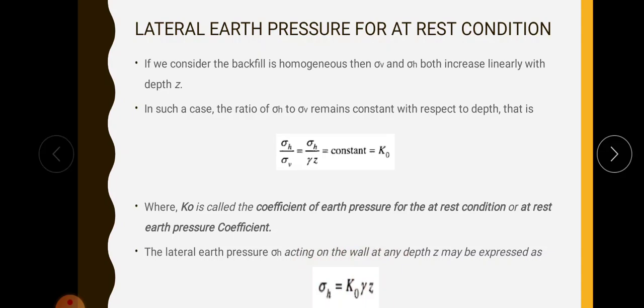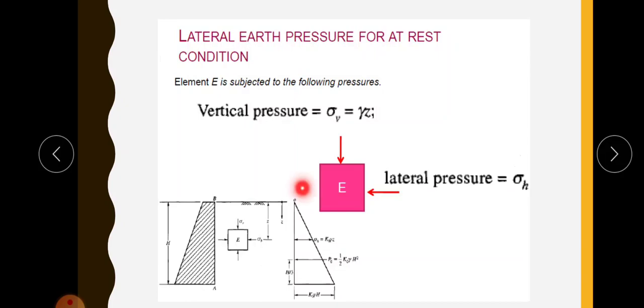So this is the earth pressure diagram. It is a triangular variation. So we are calculating the lateral earth pressure at different points based on this triangle. For solving any problem, you have to be thorough about this triangular variation of earth pressure.